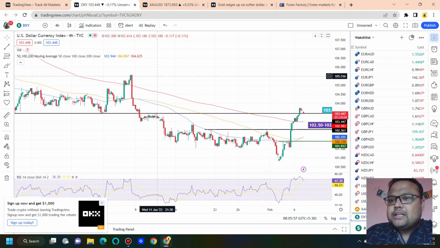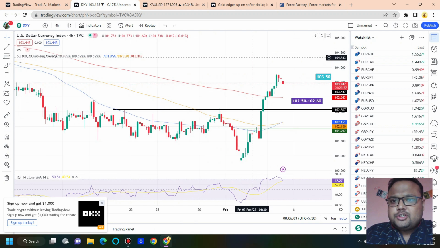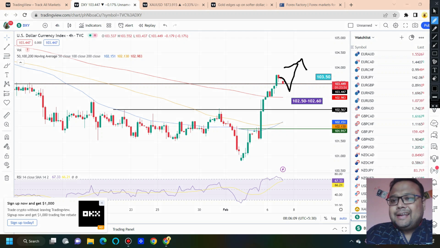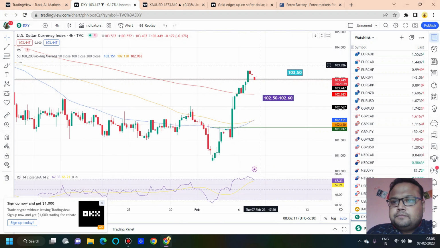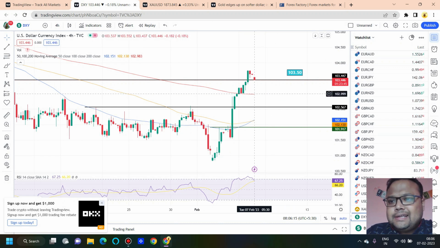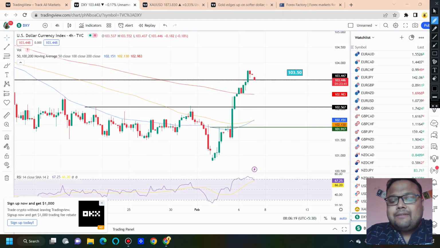If you look at the chart of DXY, then DXY was very bullish yesterday and right now is going for some consolidation. Maybe after some consolidation, after a little pullback, DXY will try to go up again. Right now, the next support on the chart of DXY is around 103, the 200 moving average, which was previously the resistance.